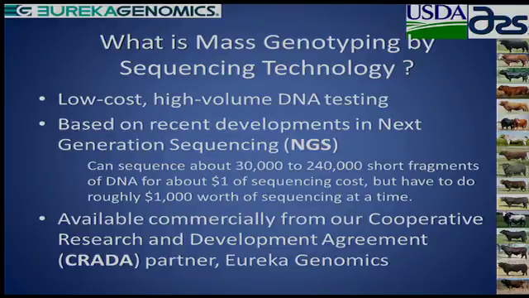Now the caveat to that is that to put a sample on the machine is going to cost around $1,000 or somewhere in that ballpark. So we're not going to do that for just one animal at a time. We've got to be able to do that for a lot of animals to spread that cost out over a number of animals to make this worth doing.